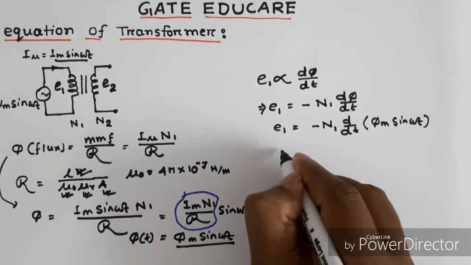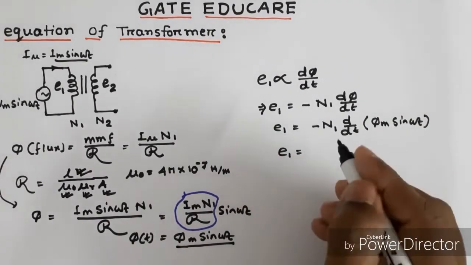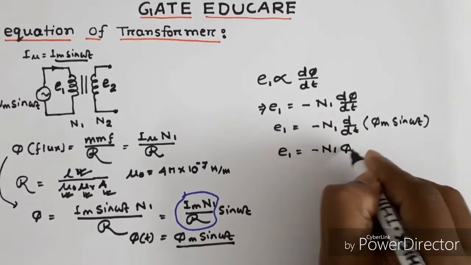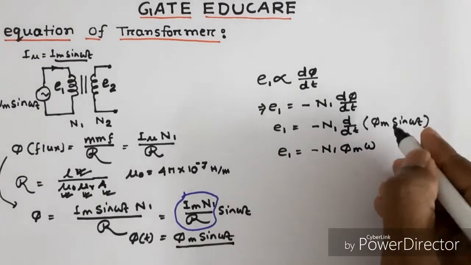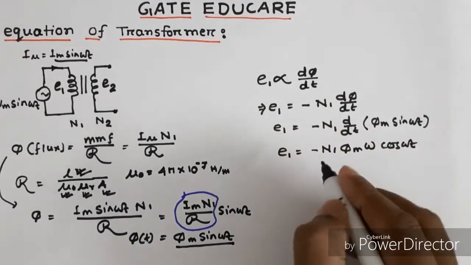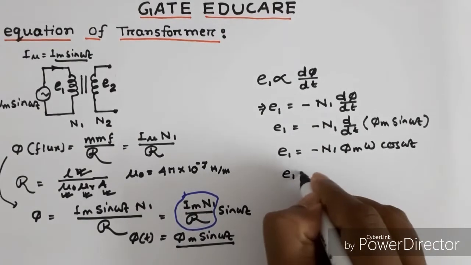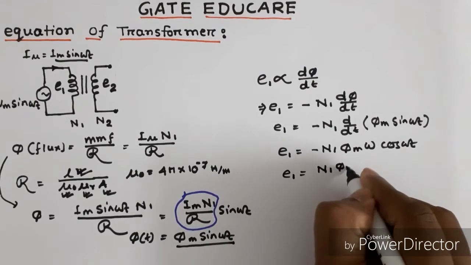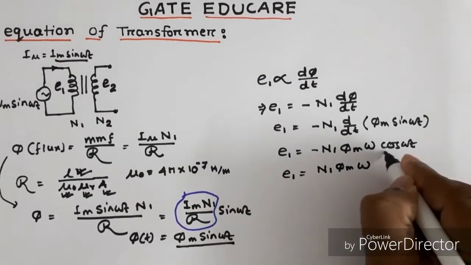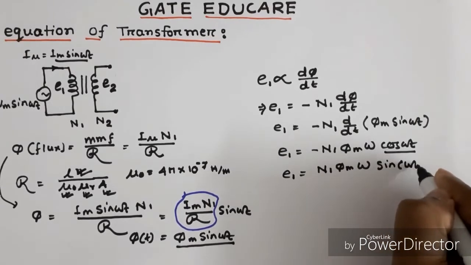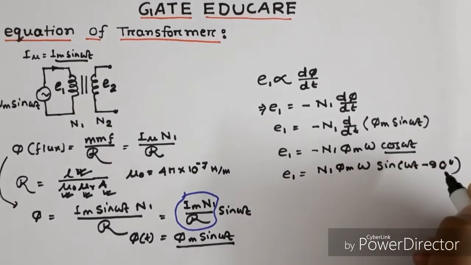If I do the derivative, then E1 equal to minus of N1 phi m omega cos of omega t. That is E1 equal to N1 phi m omega, and cos of omega t I can write as sine of omega t minus 90 degree.